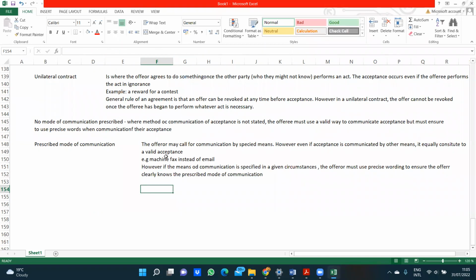So, and finally, before we wrap up this part, the Postal Rule.